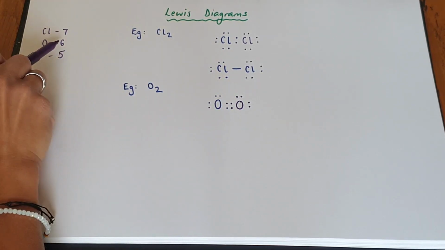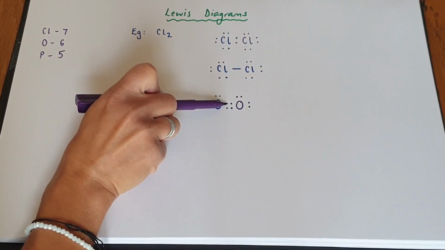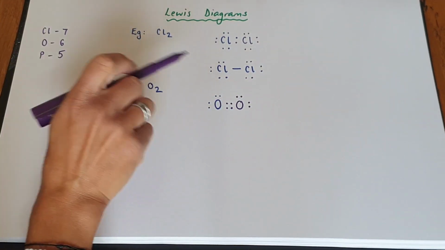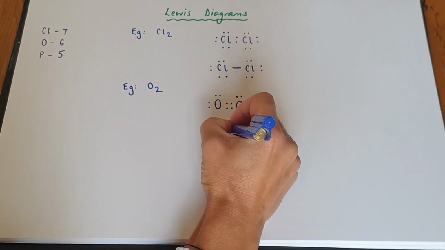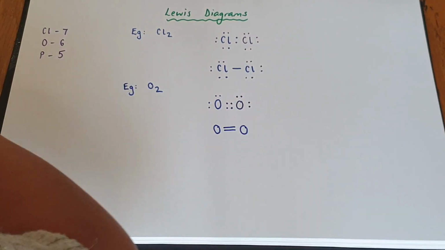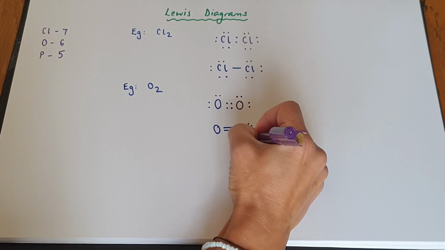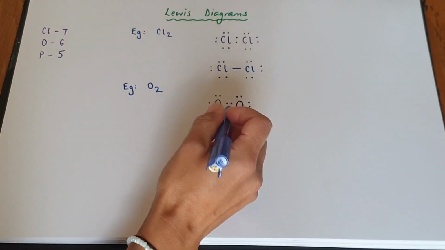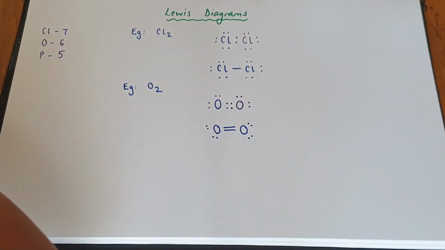With oxygen, because it only has 6 valence electrons, it needs to share 2. So it needs to pair up and make 2 pairs of shared electrons. If I was going to represent that with lines, it'd be oxygen, double line, and another oxygen. And really, more correctly, we'd be representing the electrons on an angle here, but we're just looking at numbers at the moment.